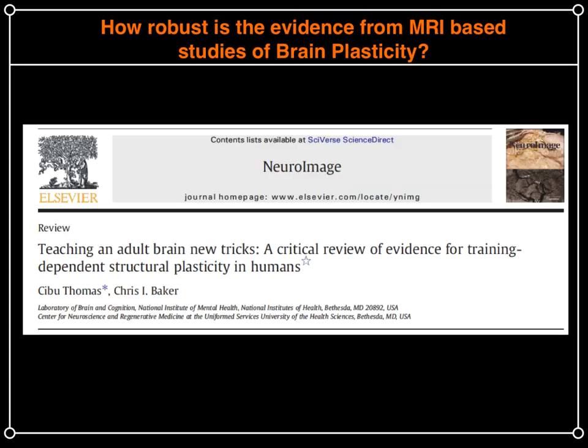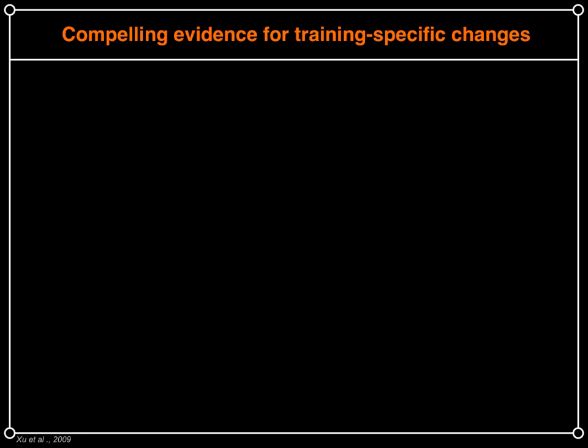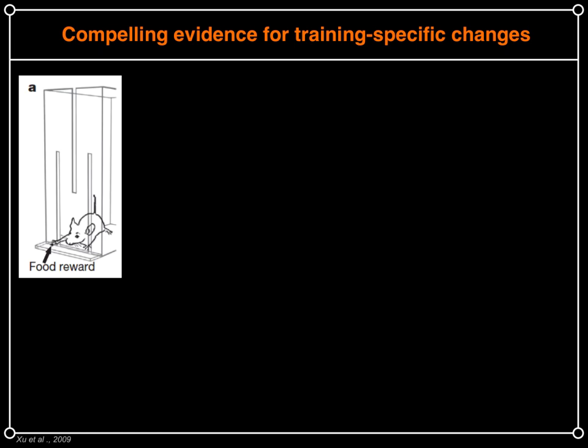Now, if you look at the MRI literature, what we found is that the evidence for MRI-based studies of brain plasticity is not so robust. So what we did was look at animal models, which predominantly seem to provide the most compelling evidence for training-specific changes.